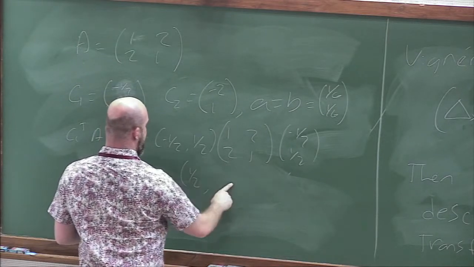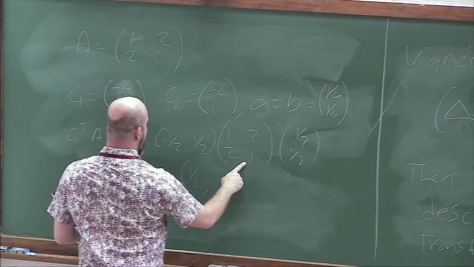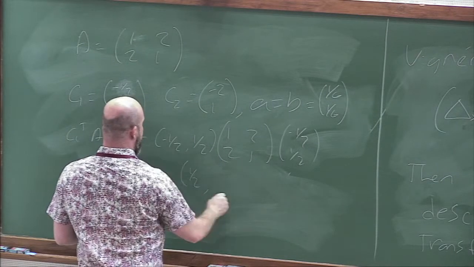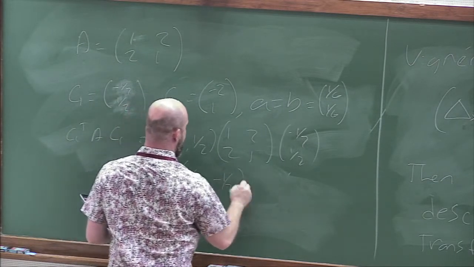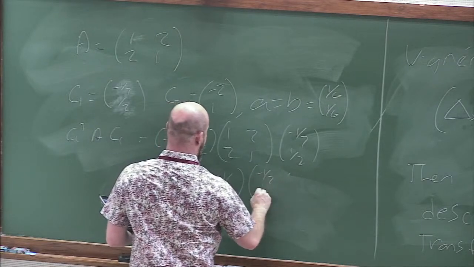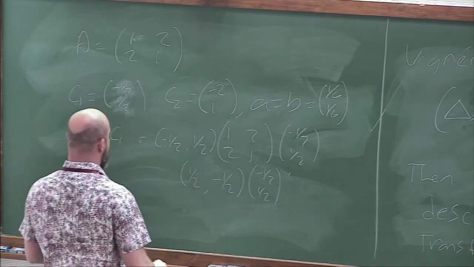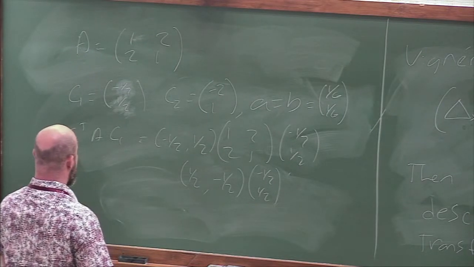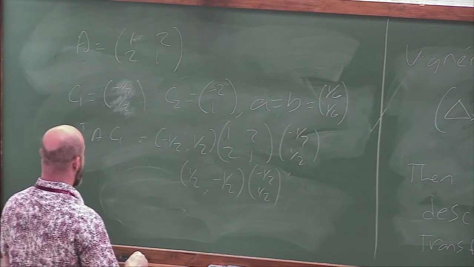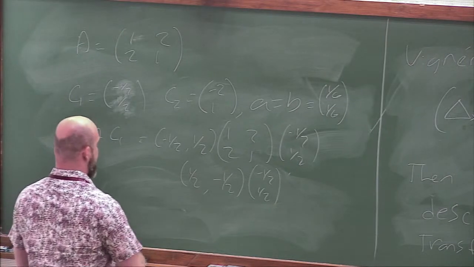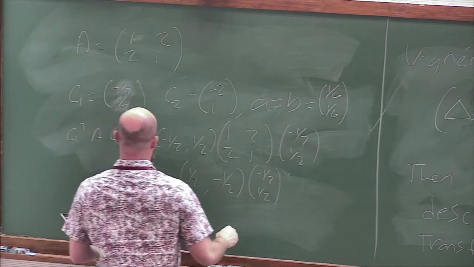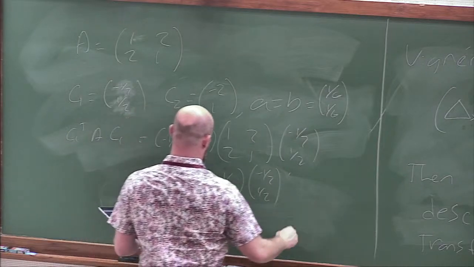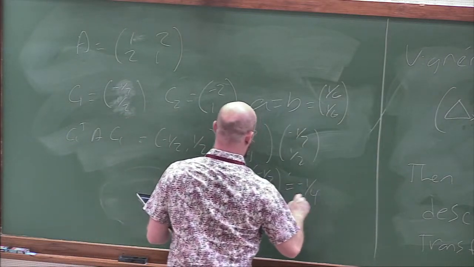And then on this side, I'm going to get 1/2 minus 1, so a minus 1/2, times minus 1/2, 1/2. There we go. And so now when I do this, this is going to equal minus 1/4.